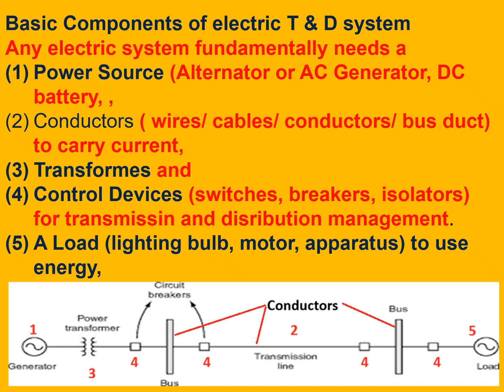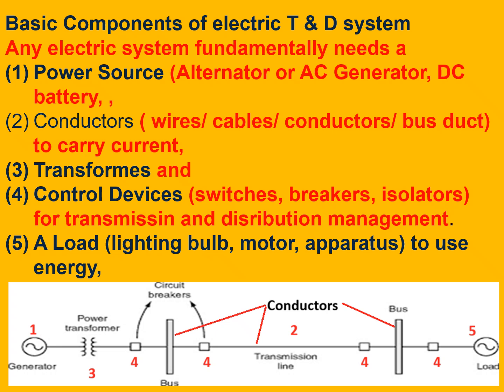And the fifth item is a load. The load can be in the form of a lighting bulb, it can be in the form of motors, it can take any shape of any apparatus. And these apparatus may contain resistances, inductances, and capacitances, in solid equipment, solid forms. This load is necessary to utilize the energy.